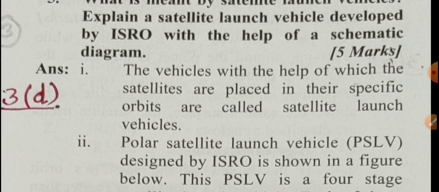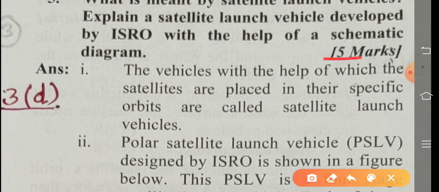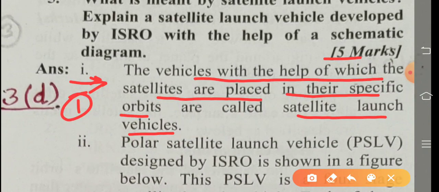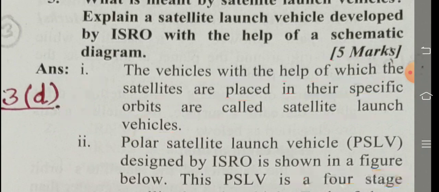This question is also asked for 5 marks. So first of all, what is meant by satellite launch vehicle? The answer is given in the first point, and you get 1 mark for this answer. The vehicles with the help of which the satellites are placed in their specific orbits are called satellite launch vehicles.